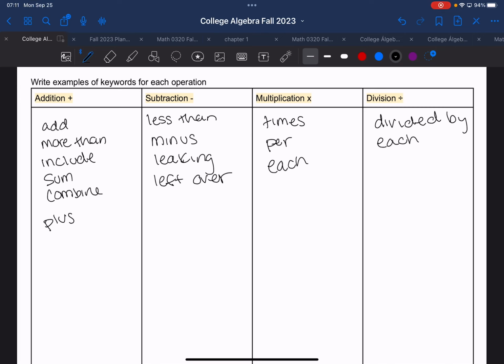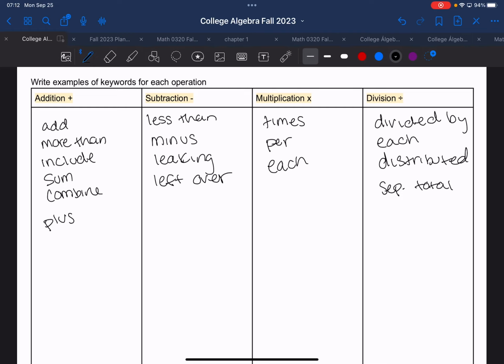What about distributive? Distributive, yeah. A certain amount to a certain amount. Good. Say that again. Good. So yeah, if you're given a total in a problem and it's telling you to separate that total, that would be division. So let's say separate a total. Okay, and these are all some good words. And like I said, there's tons and tons of words for each of these. This is just to get us familiar with some words that could pop up.